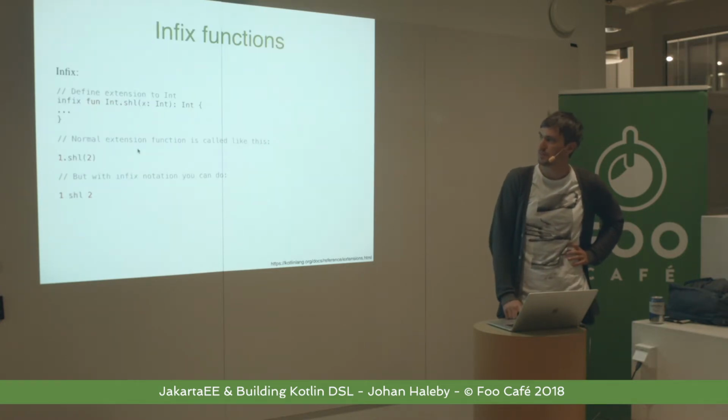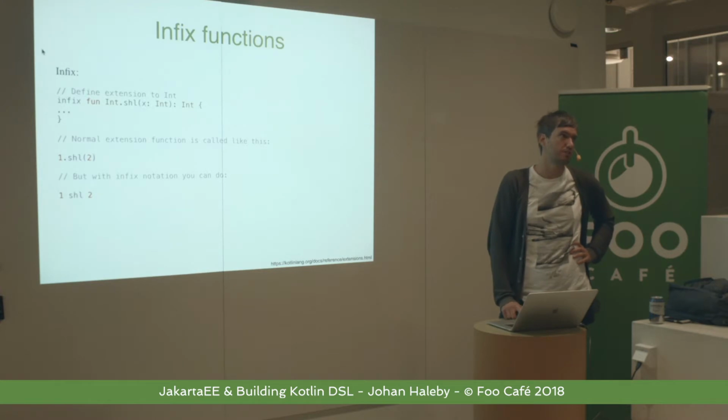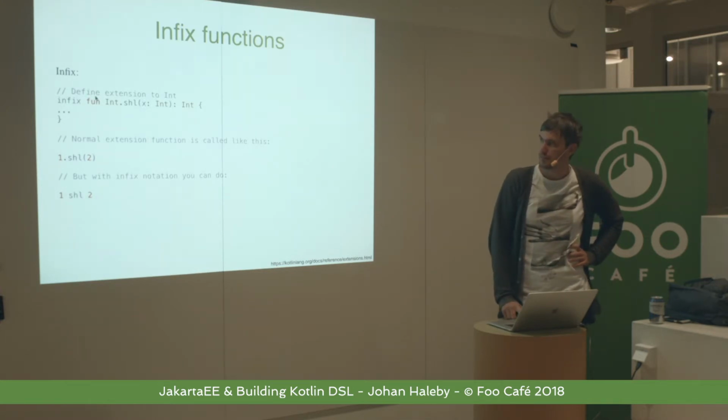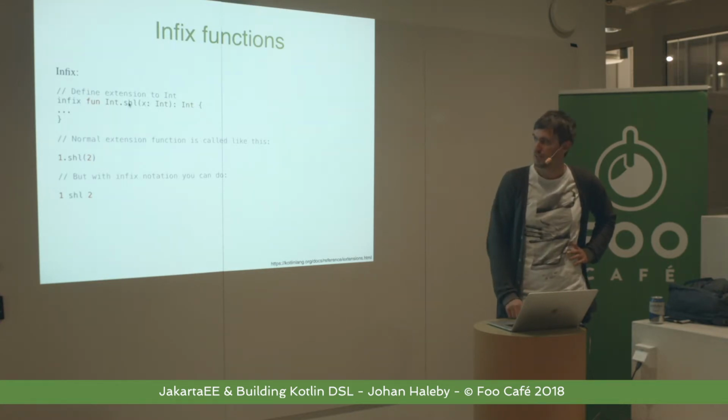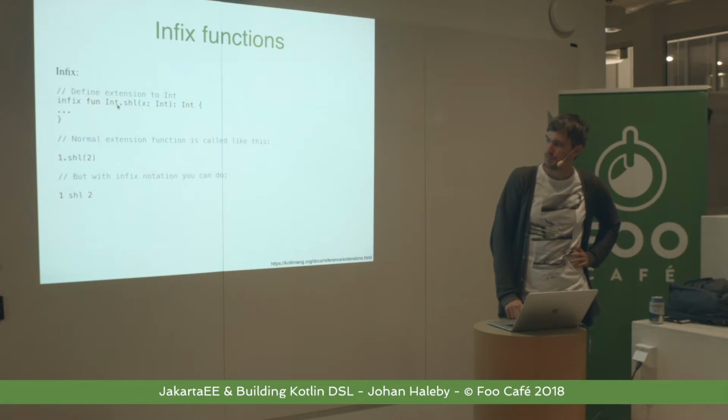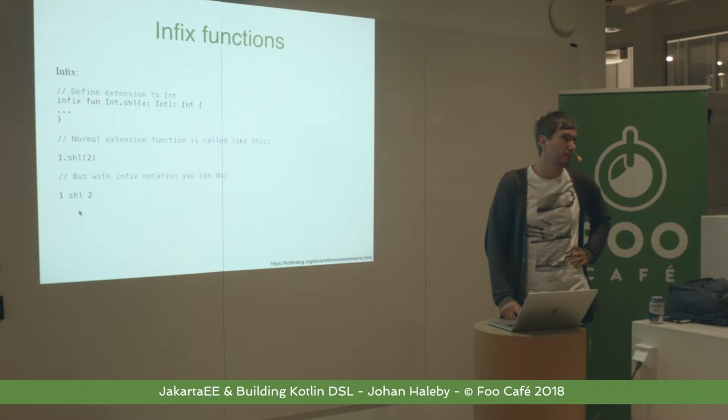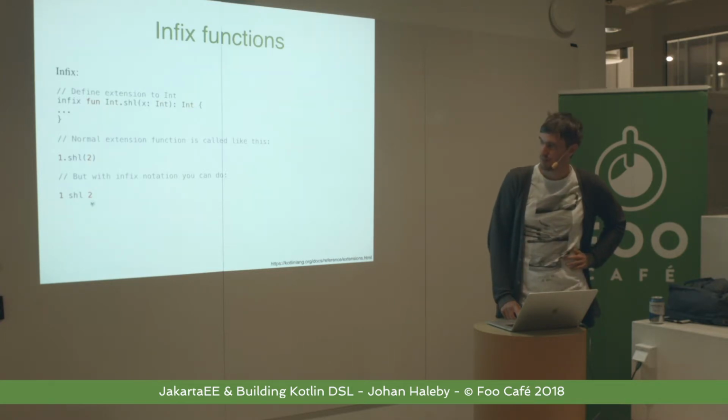Another thing that you can do in Kotlin is to define infix functions. Infix functions in Kotlin simply mean that here's an example of an extension function again that now happens to be infix, but it doesn't have to be an extension function to be an infix function. But if we create an extension function here with infix as this keyword, then instead of writing 1.shift_left(2), you can write it like this, 1 shift_left 2, but without dot and without parentheses, which is quite cool.